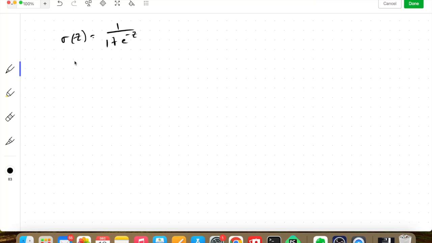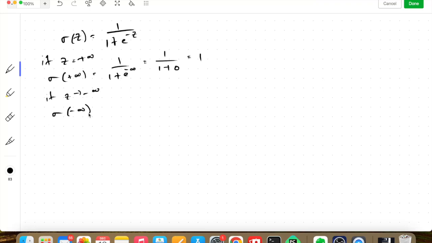So if we put z as plus infinity, then sigma of plus infinity would become 1 by 1 plus e power minus infinity, that would be 1 by 1 plus 0, so it would become 1. And if z goes to minus infinity, then sigma of minus infinity would be 1 by 1 plus e power infinity, that would be 0.